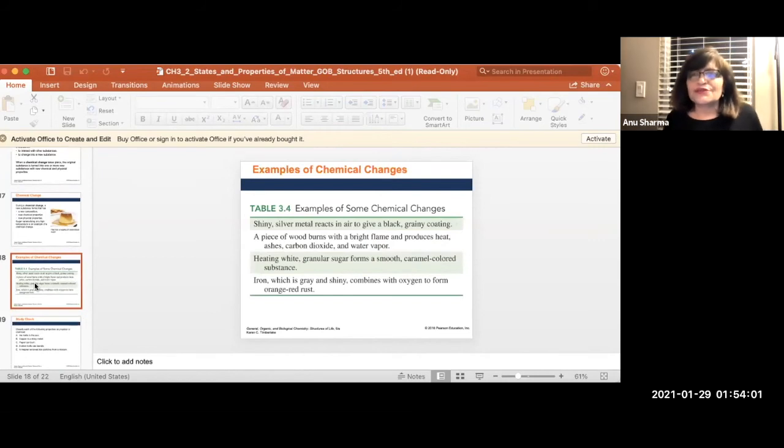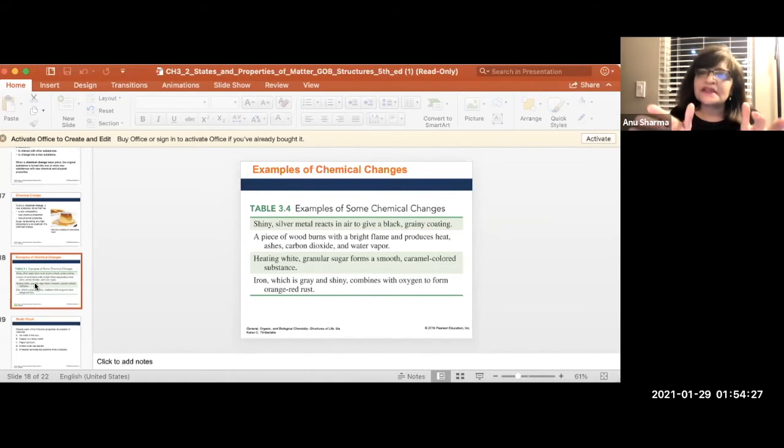Now let's look at some of these examples. Let's say a silver piece of jewelry becomes brownish, darkish or blackish in color, and grainy; that means it has gone through some kind of change. A piece of wood burning in a fireplace: carbon dioxide is evolved, water vapor is evolved, and it vanishes in the air.